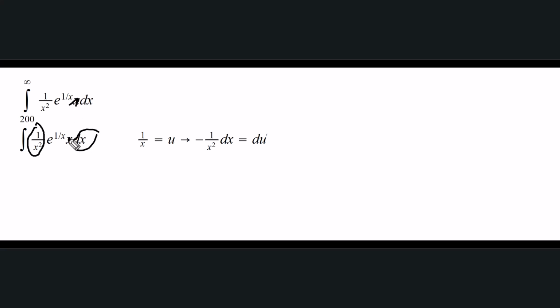I'll erase it. I have no idea how that snuck in here. I'm sorry. So here this will become negative du, and this is going to become e to the u. So this will just become the antiderivative of negative e to the u du.